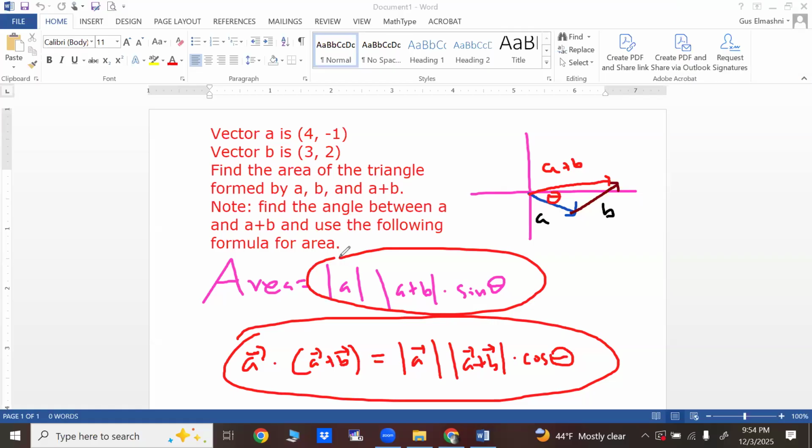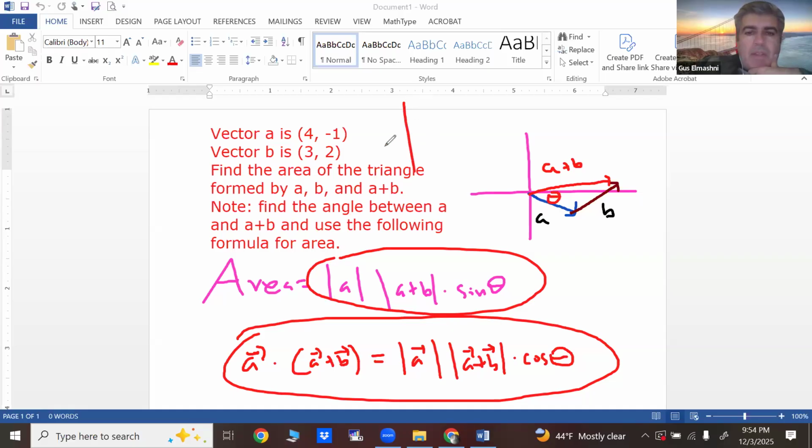How do you know that B starts at the end of vector A? I chose to do that. You could start with vector B, then you go 4 right, 1 down.